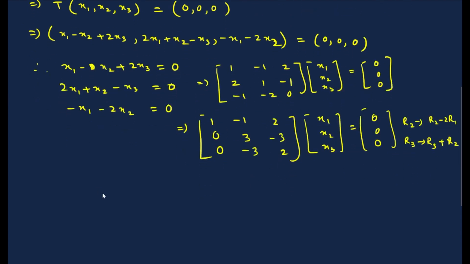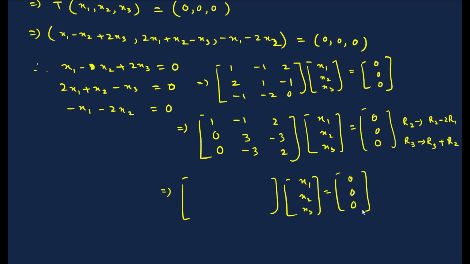So next, what to do? 2, 1, minus 1. This minus 2 is correct. Next, again x1, x2, x3, and the right side is 0, 0, 0. Then we have to make this particular element 0, right?